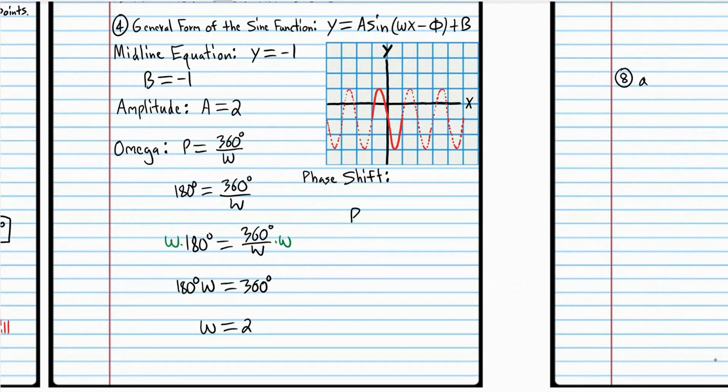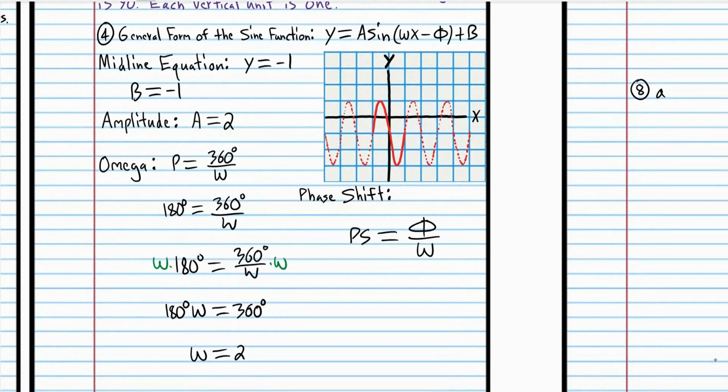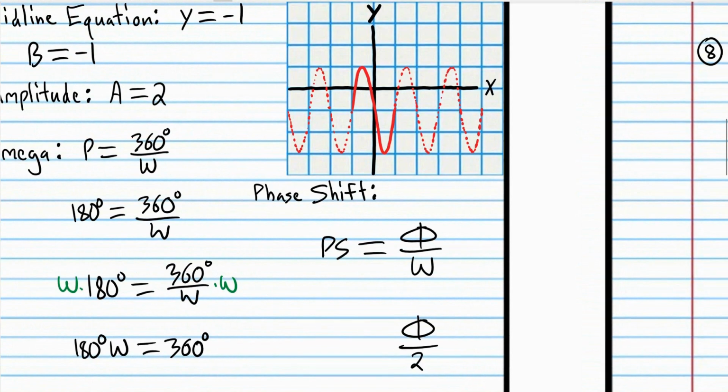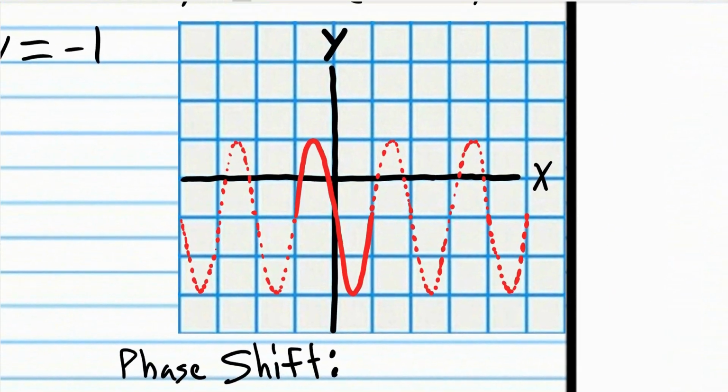Okay, now let's find the phase shift. The phase shift is equal to phi divided by omega. So we know what omega is. We can go ahead and plug that in. So the phase shift is the horizontal translation. Normally the sine curve starts at the origin, but you can see that it's moved over 90 degrees to the left.